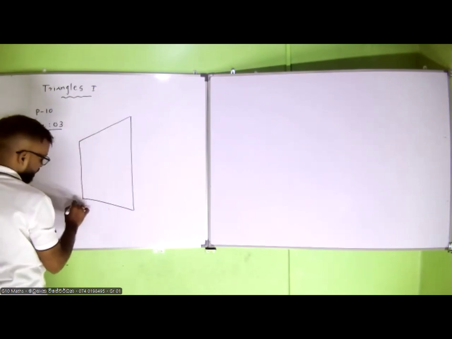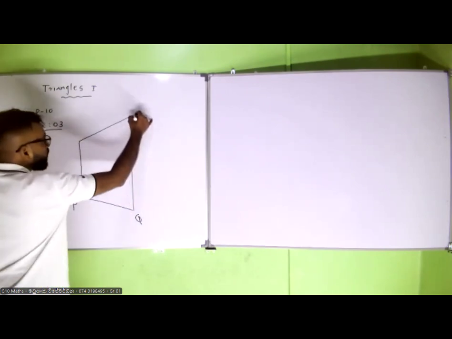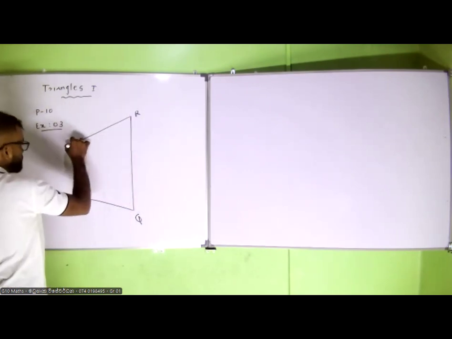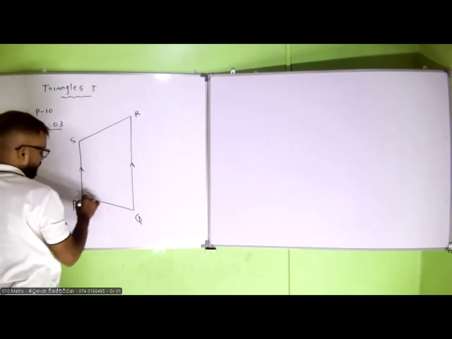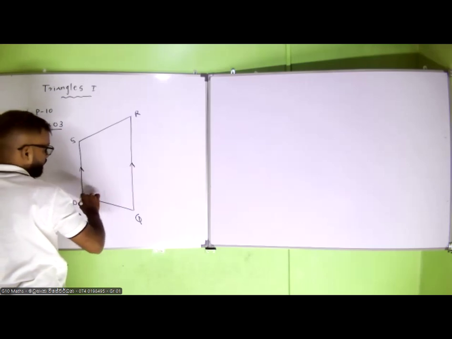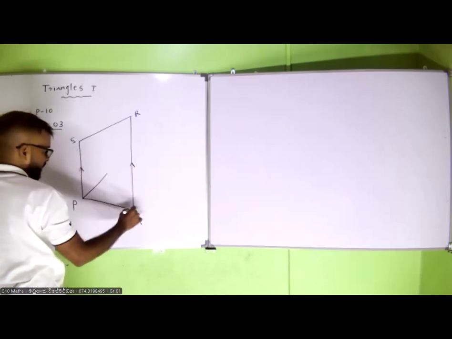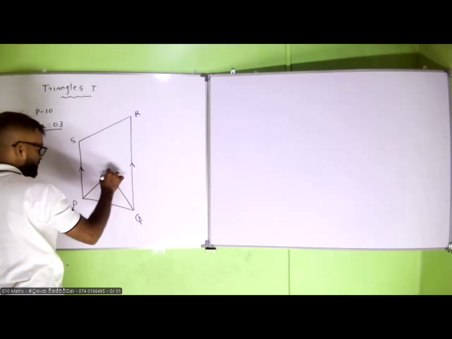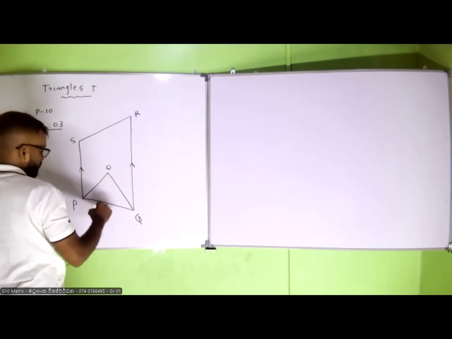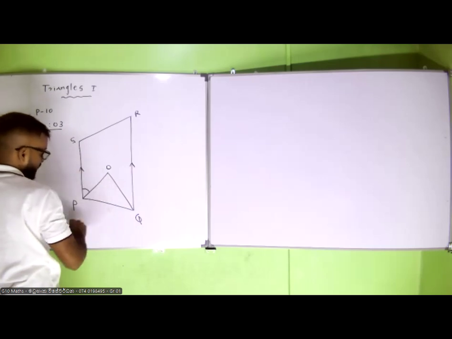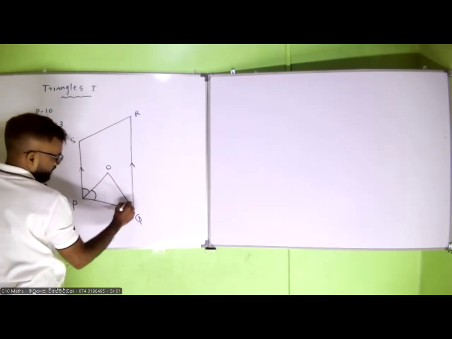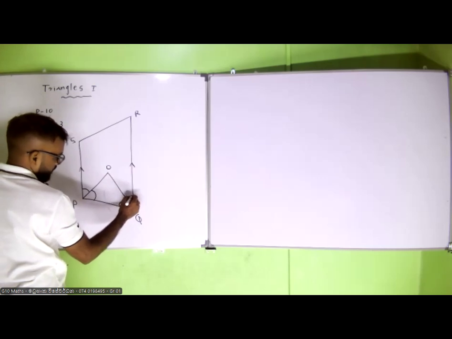And P, Q, R is. So PS and QR sides are parallel, where bisector of angle P and bisector of angle Q meets at point O. So you need to prove that. So I will mark this angle equals this angle equals this angle.